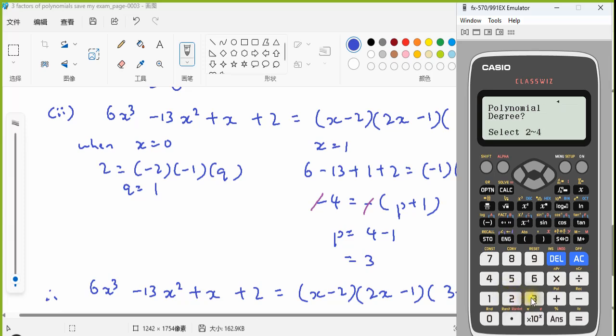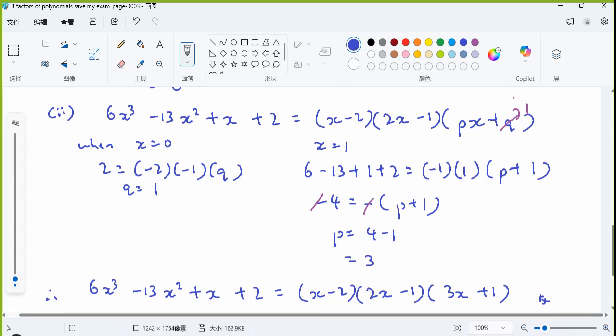Okay, so if we want to check the answer, then we can have this polynomial of degree 3, then we have 6, negative 13, 1, and 2. Then we have 2, half, and negative 1 over 3. Yes, all right.